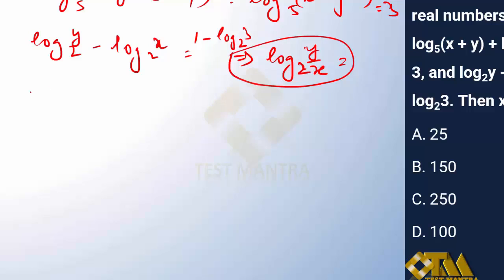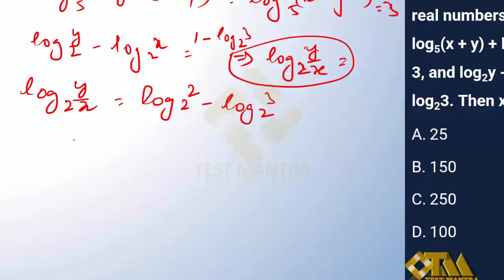So I would say that log y by x to the base 2 should also be written as log 2 to the base 2 minus log 3 to the base 2, right? In other sense, that's nothing but log 2 by 3 to the base 2, which represents y by x, should be equal to 2 by 3.